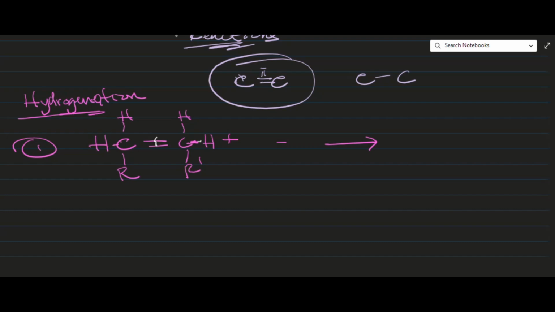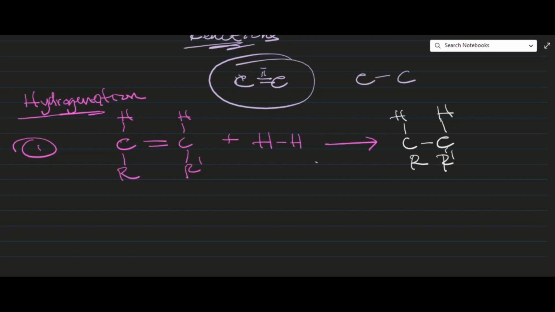Let me show you how it goes. The product will be C single bond C. One of the bonds is broken already. We have hydrogen here before we have R, then hydrogen here before we have R prime, our alkyl group.